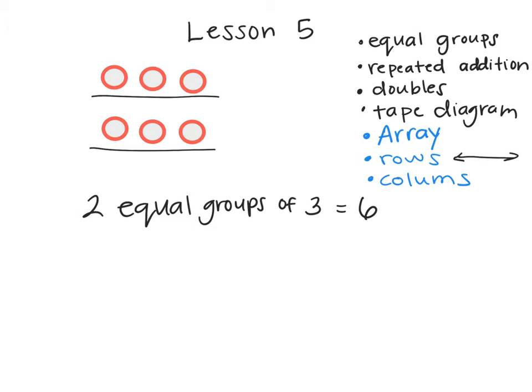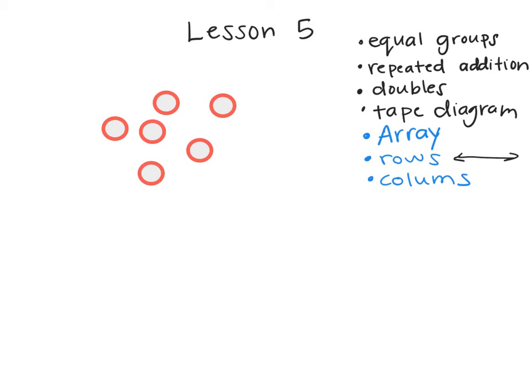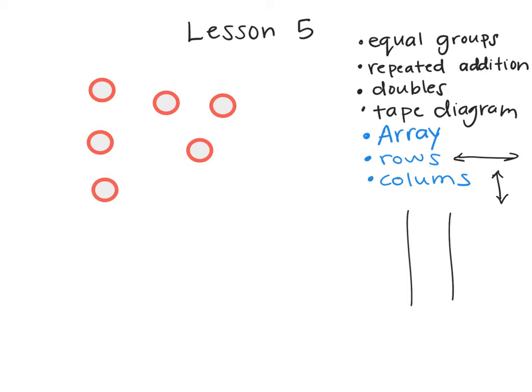So now I kind of scattered my counters again, and I want to know, can I arrange them using a different way? Maybe this time I want to think, can I put them in columns? And columns go up and down. So let's see, I can move them into rows of 3, but instead of them being across, they are now columns.